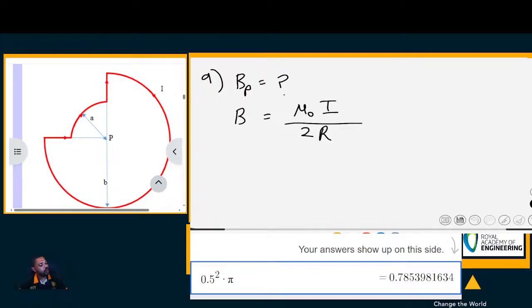This is how you calculate the magnetic field at the center of a circle.